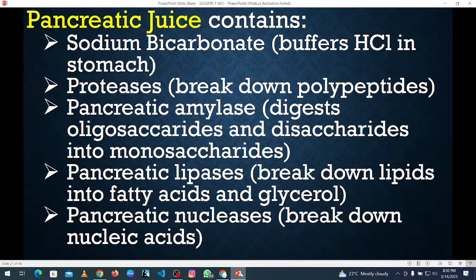And whenever the production of pancreatic juice is hindered, our cells will start dying because they won't be receiving the required nutrients.